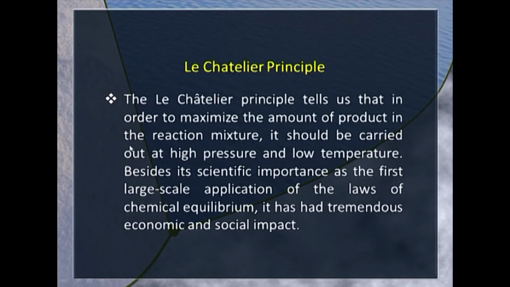This is the condition under which it should be synthesized, but to get a better yield, this too can be compromised and that is the way it is done, and this has a direct impact on the economic and social impact, and that is the reason this is the most important or celebrated law.